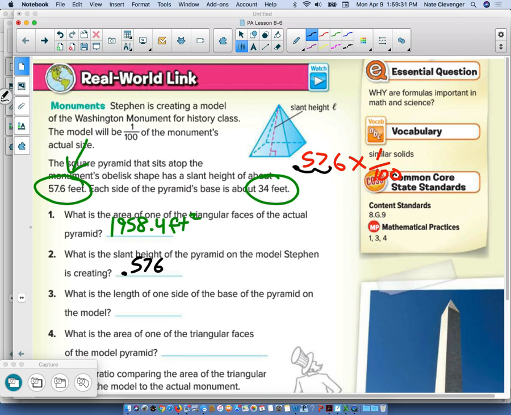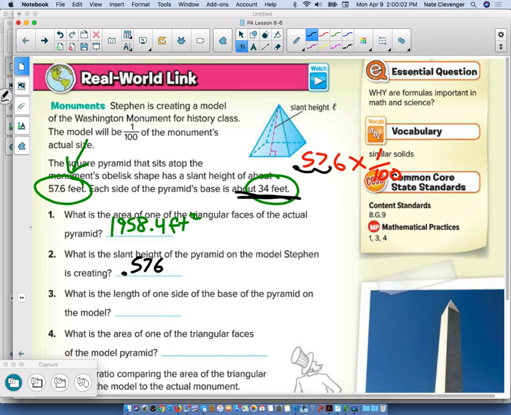If that's the case with our slant height, what would we do to our base length of 34 feet if we wanted to find the model length for it? Divide it by 100 again.